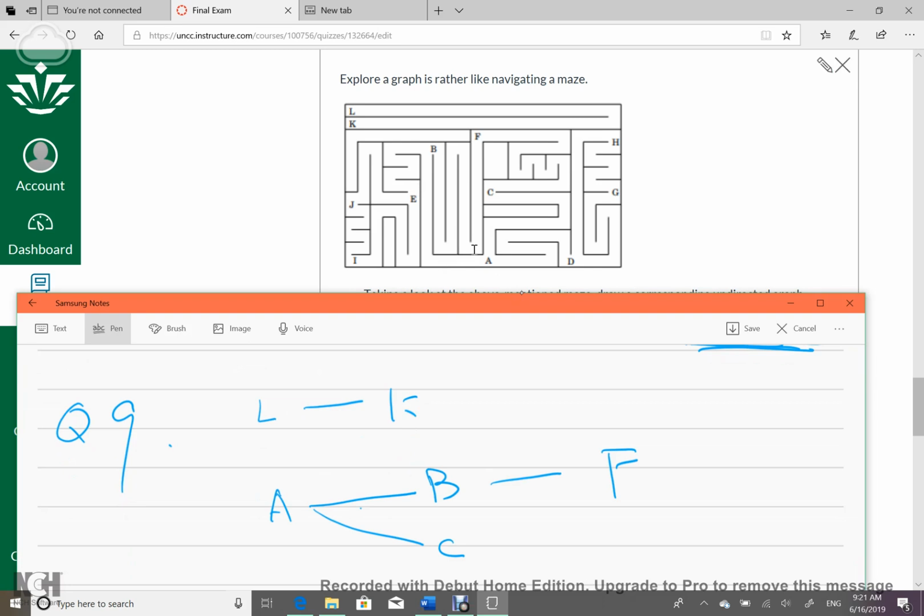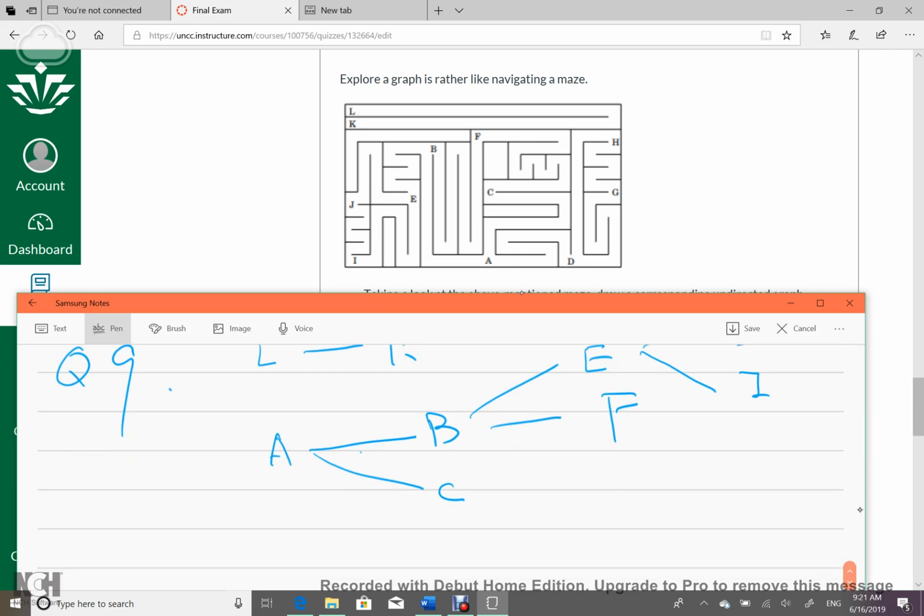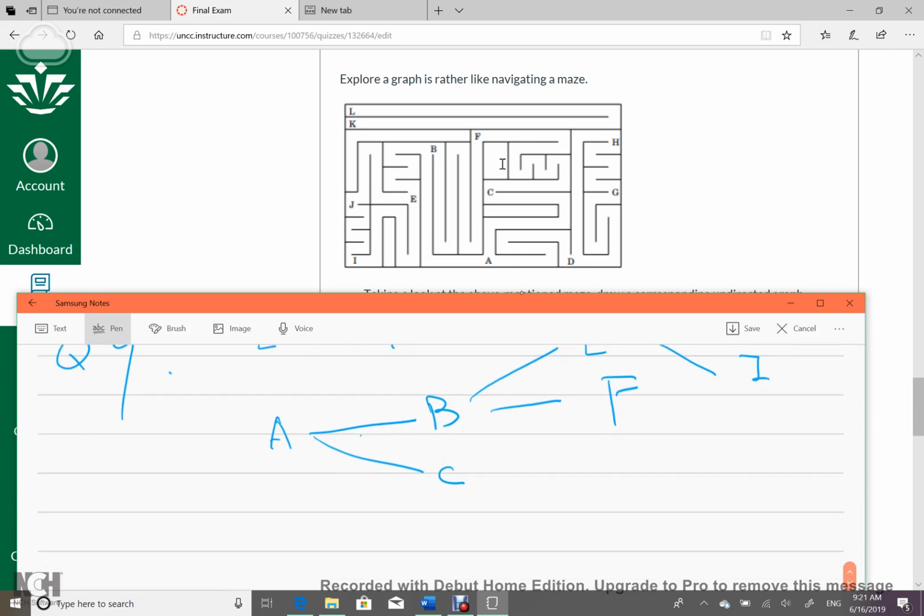And B has one edge, go to E. E has one edge, go to J, and then go to I. Okay, so you could have more. So here, F can go to C, C can go to, okay.